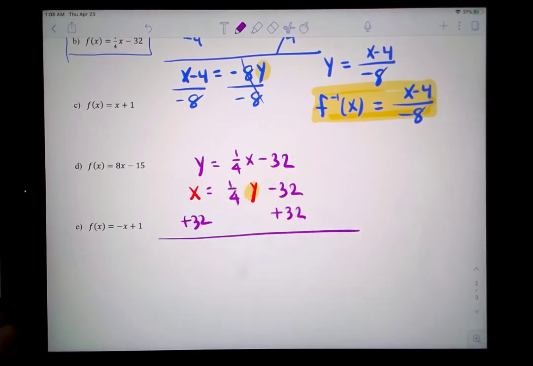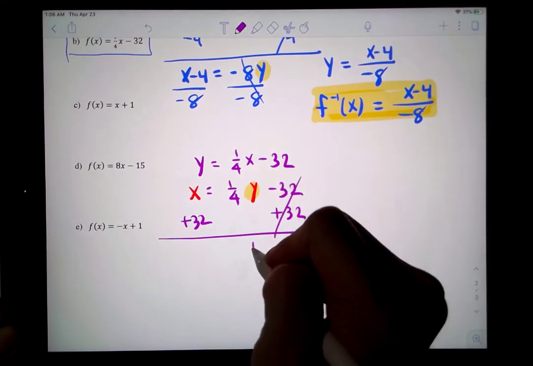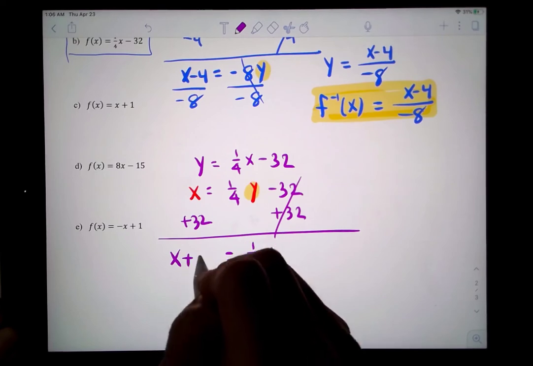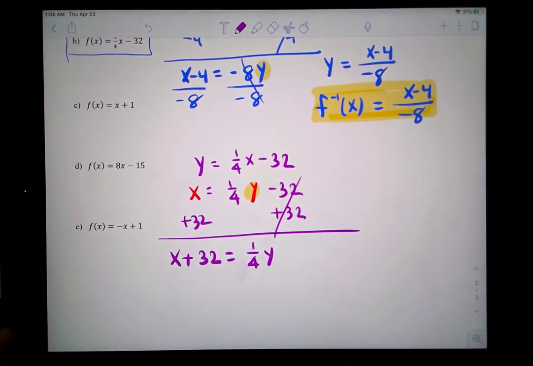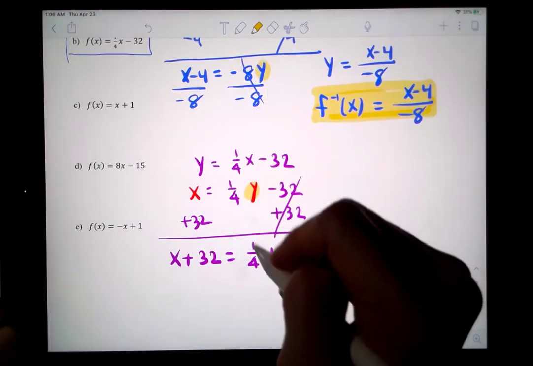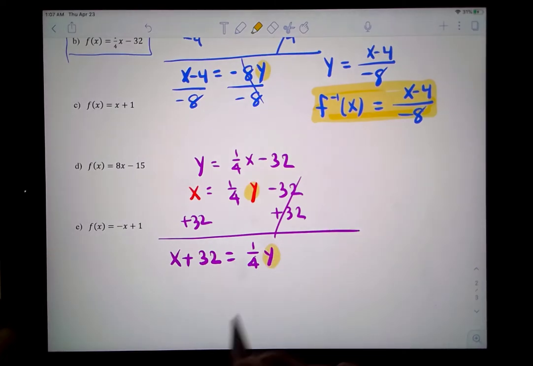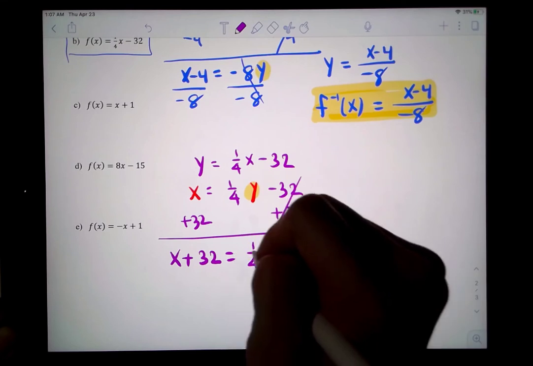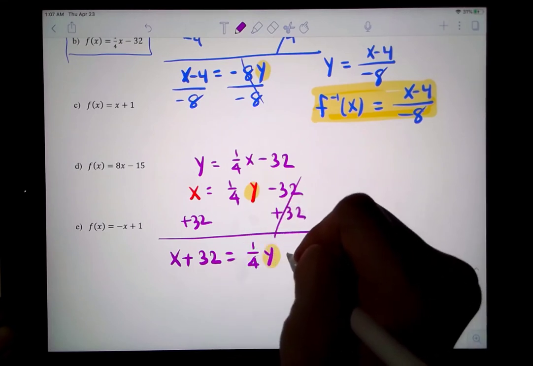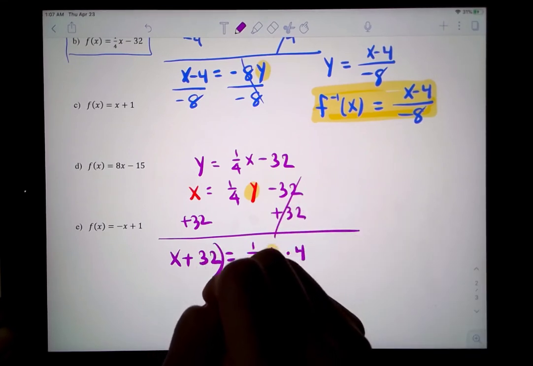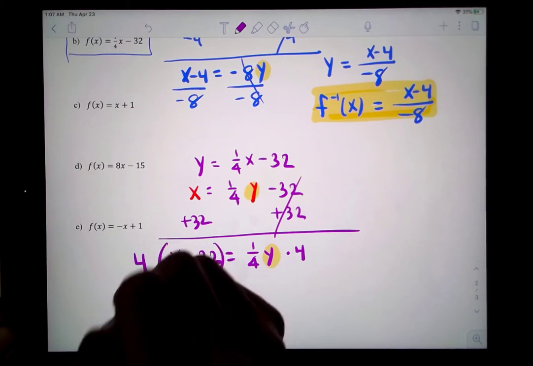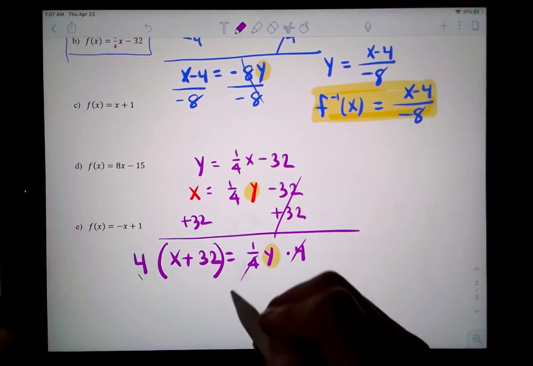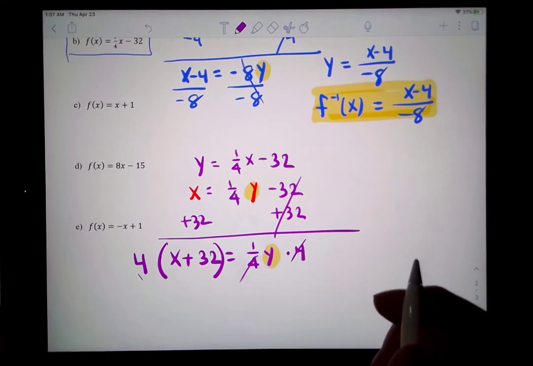You get 1 over 4 y, and that is x plus 32. And then I told you I want to isolate this y, so I need to cancel this 1 over 4. To get rid of it, you multiply by 4. Don't forget your parentheses, guys. You need to distribute. All right?